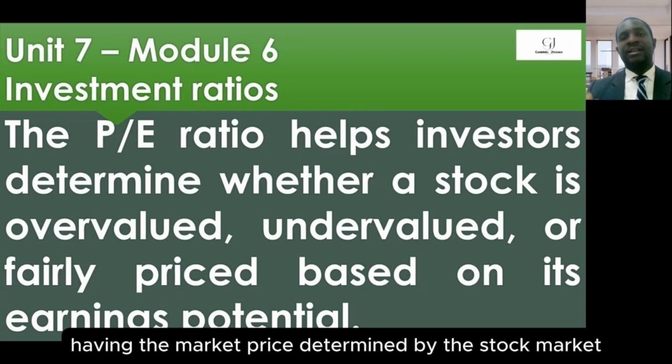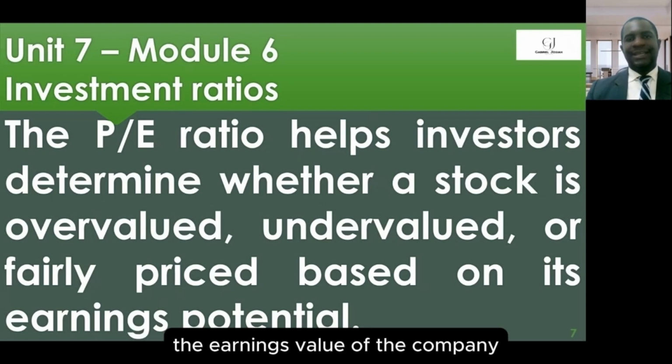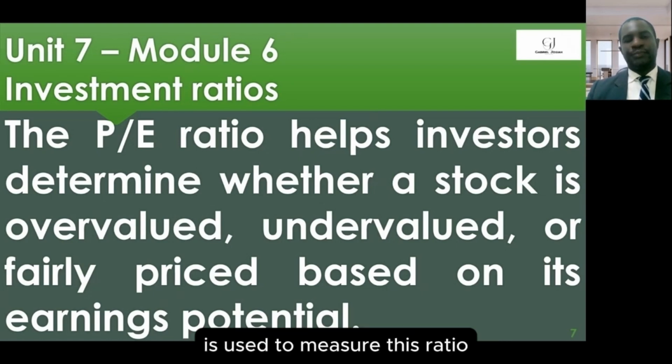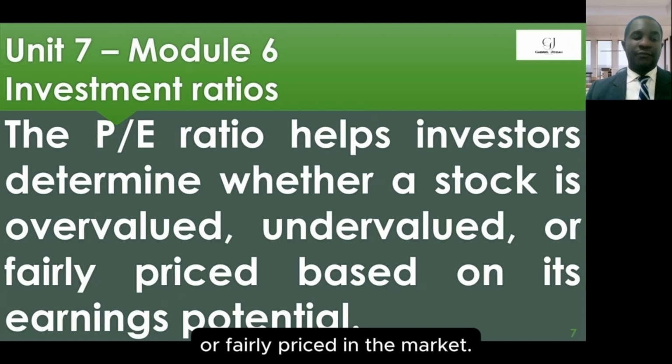The market price is determined by the stock market, by the forces of demand and supply in the stock exchange, while the earnings value of the company in the form of earnings per share is used to measure this ratio to determine if it's overvalued, undervalued, or fairly priced in the market.